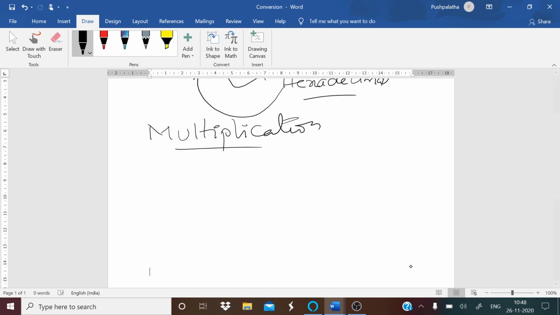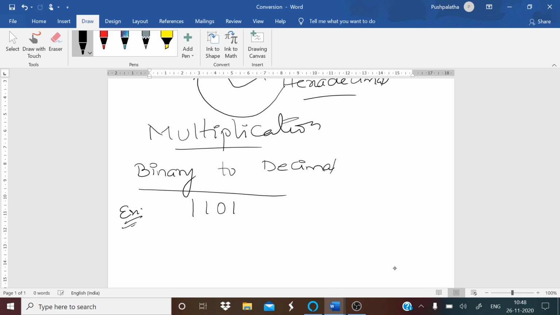Okay, so first, let us learn about the conversion from the binary number system to the decimal number system. Example, let us take the number 11011.101, which is in base 2, to be converted into base 10.